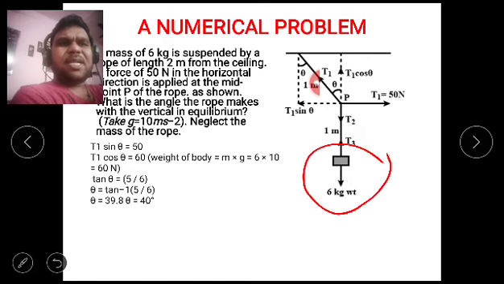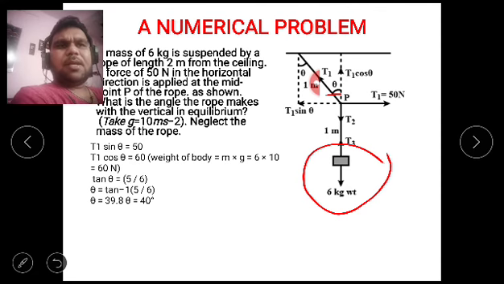This is the midpoint and here we are applying a force of 50 Newton. Now what is asked? They are asking what is the angle the rope makes with the vertical in equilibrium. It is given that the system is in equilibrium and it is asking for this angle theta, as given in the figure.